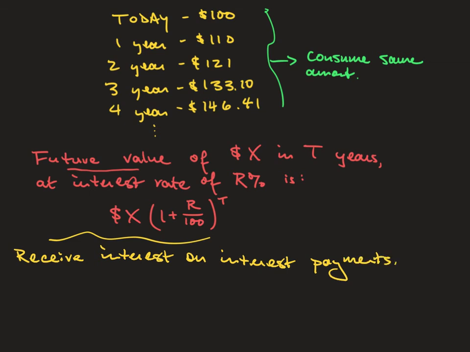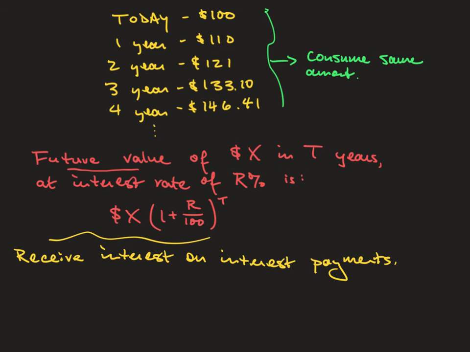So going from today to next year, you get $10 of interest. You have your $100 that you started with, and you get $10 of interest. But then from year 1 to year 2, you get interest on your original $100, but you also get interest on your $10 of interest.